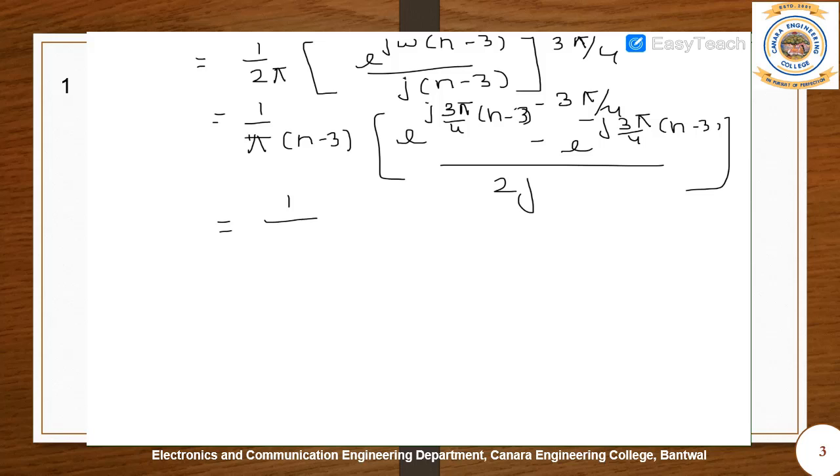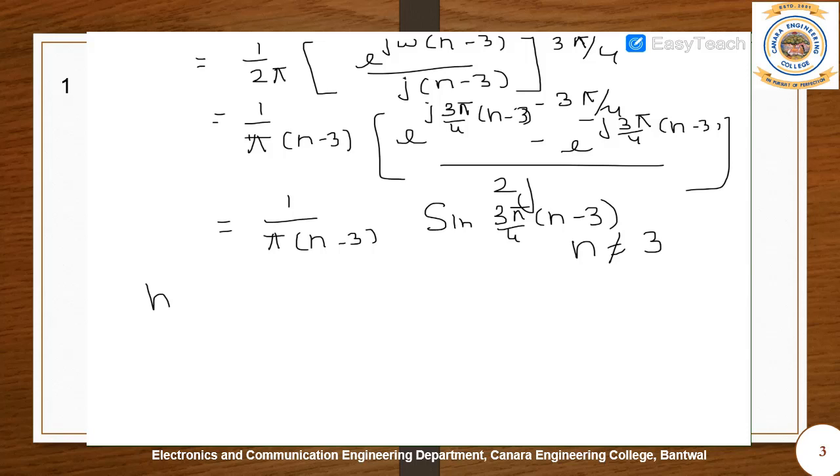Further, we can simplify this as 1 over pi (n minus 3) times sine 3 pi by 4 (n minus 3). This equation is valid for all values of n except n equal to 3.